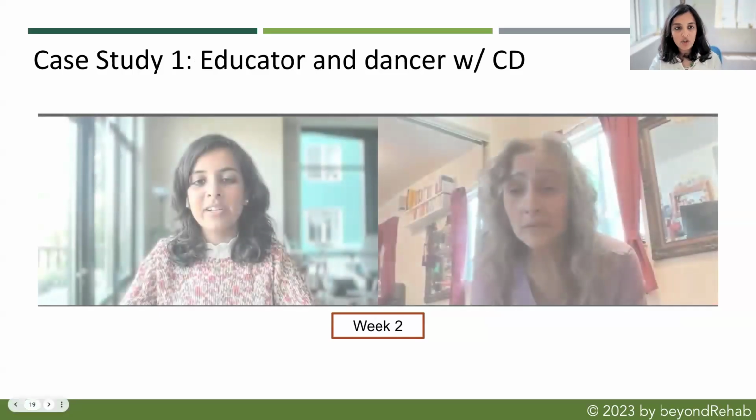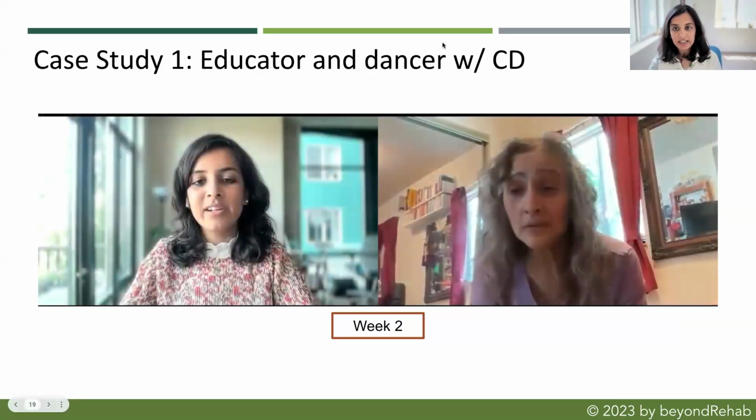I just wanted to quickly talk about a case study of a dancer who had dystonia and couldn't get back to dancing. This was our way of meeting and engaging in a virtual setting. We started in week two in different positions, doing motor training lying down on the stomach.